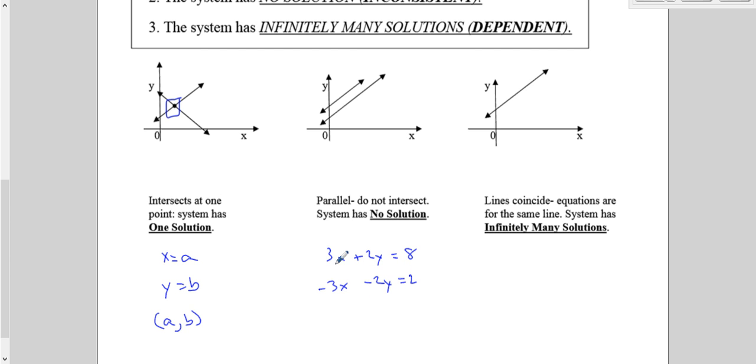Let's say we've done the work to get these to a point where we can add these together using the elimination method to eliminate a variable. And we end up getting 0 here, and we end up getting some kind of number over here. Anytime you end up with different numbers equal to each other, that is going to be no solution.